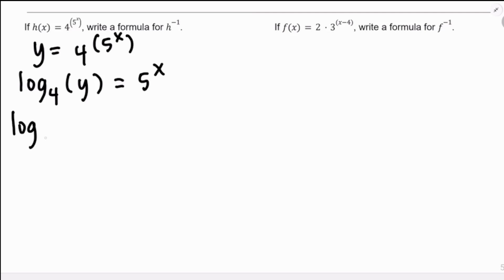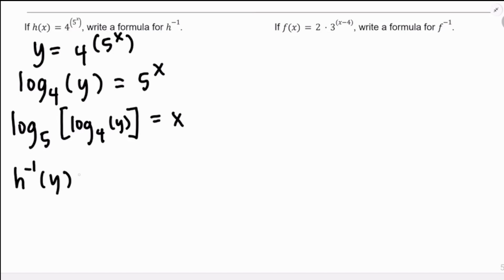That's going to be not 5, that's going to be x. Get the variable down out of the exponent. So that's log base 4 of y. Okay, h inverse of y is equal to log base 5 of log base 4 of y. Yeah, that's the right number of parentheses.